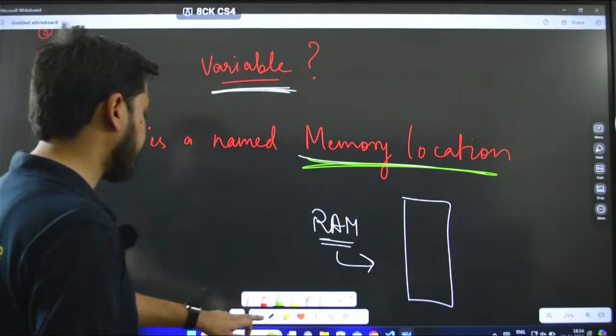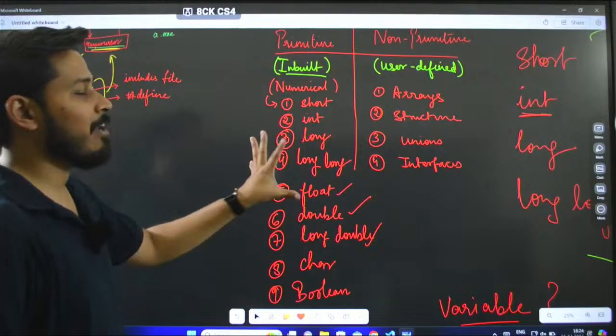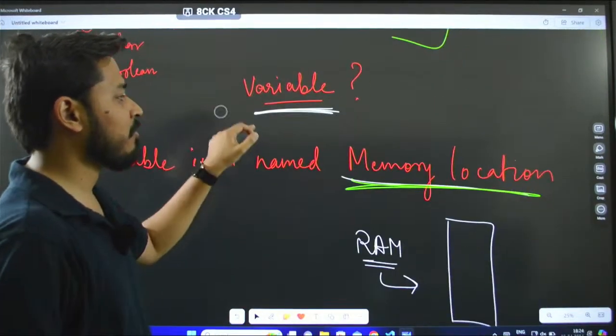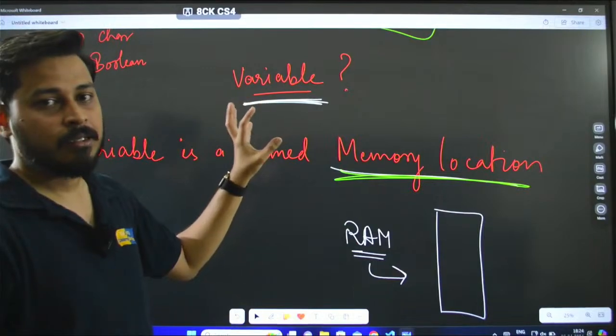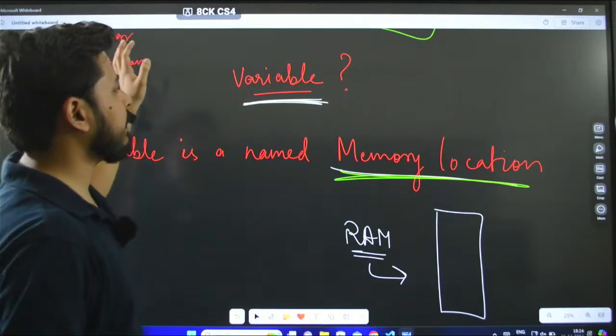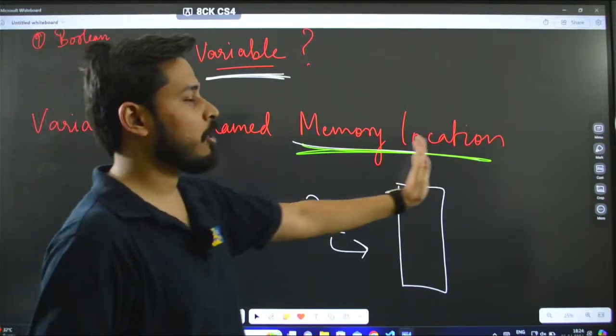So, these data types which I was explaining to you till now are now going to be used in the concept of variables. That is why I took them first. I took the data type concept first, and I am going to combine data types with variables in order to finally create a variable. It is a named memory location.